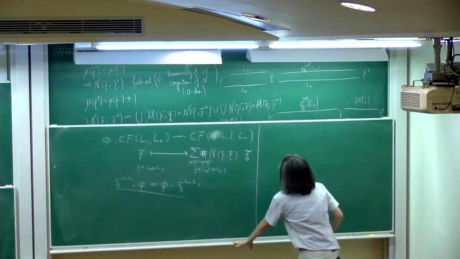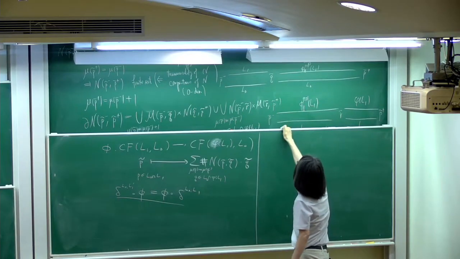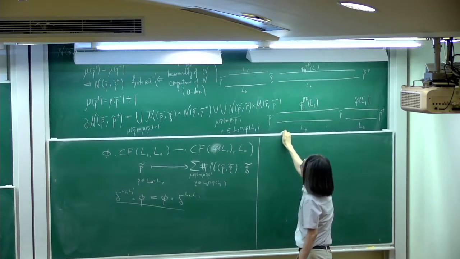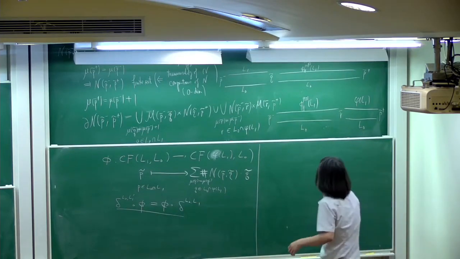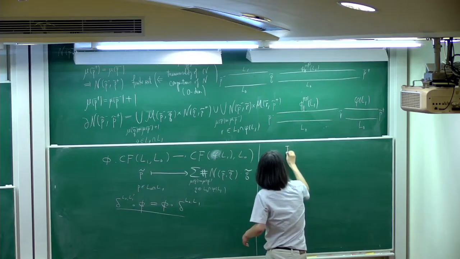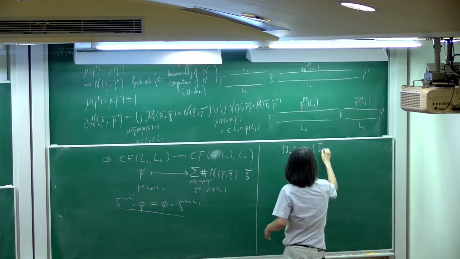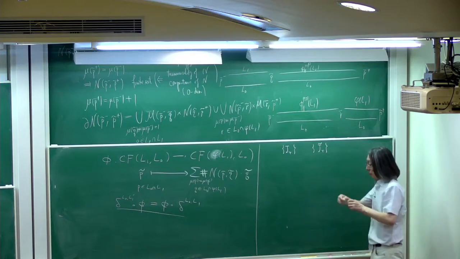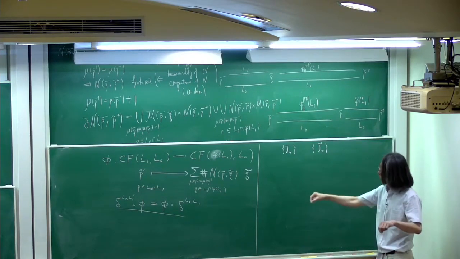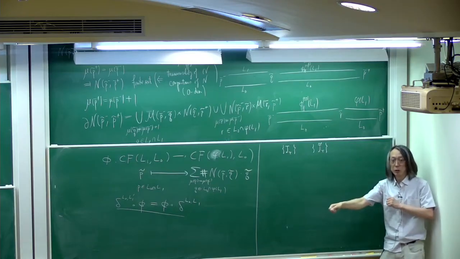I consider some J tau, but maybe I have another J tau. So J tau is a path connecting J to J prime, but there are so many paths, so we may have several choices.